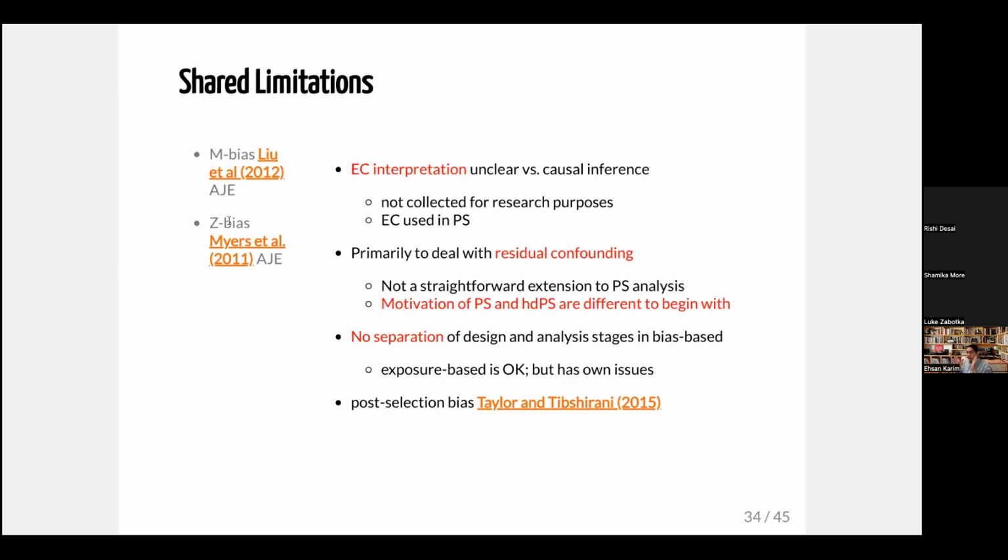But in previous literature, for example this Liu paper as well as this Myers paper, they showed that the net benefit of using the high dimensional propensity score algorithm or the empirical covariates can still be beneficial.